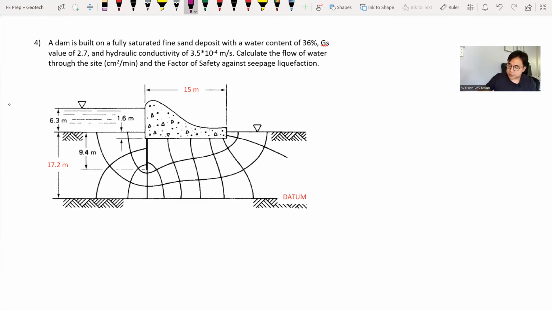And for the fine sand, so this is a fine sand site, the soil properties are given to you.